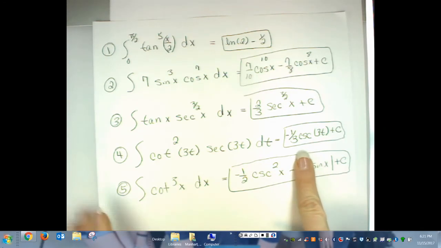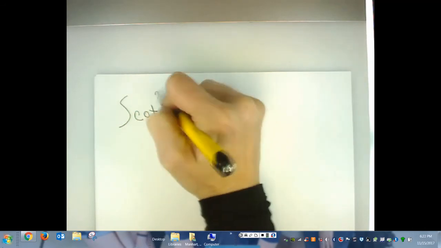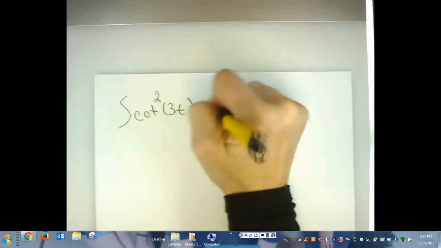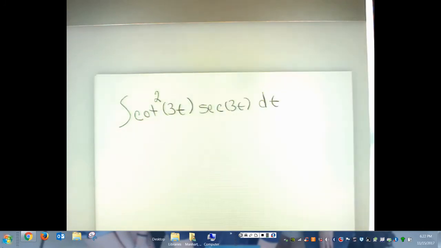And I don't like working with the variable t, but when I found this problem, it came that way. So we're going to also use t. So there we go. For this particular problem, you want to think about identities.